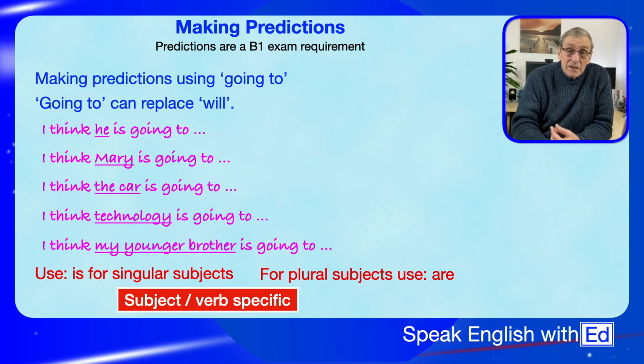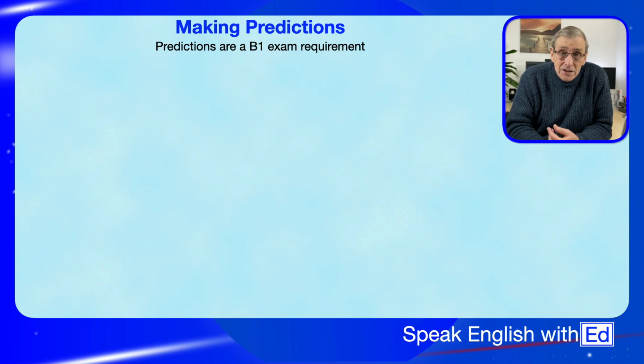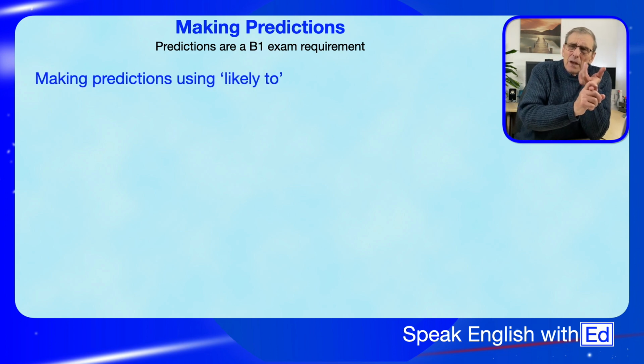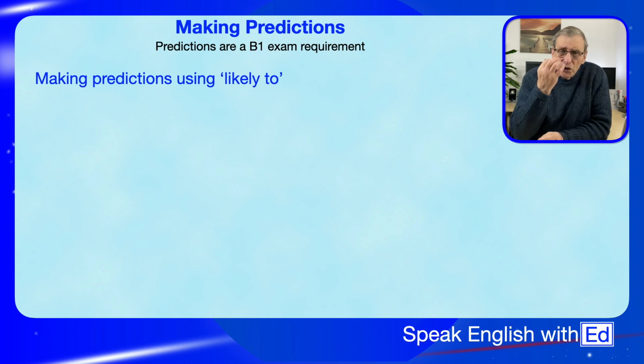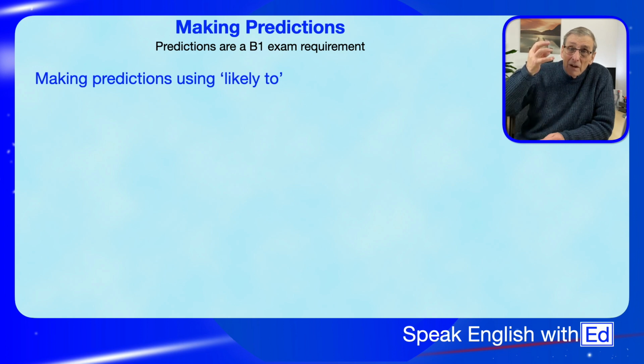So that's two ways. The third way that we're going to talk about is using likely to. Now, you would use the first two, will and going to, when you're pretty sure that your prediction is nearly right. Like the weatherman, for instance, they're pretty sure a lot of the time, because they're making their predictions based on evidence.